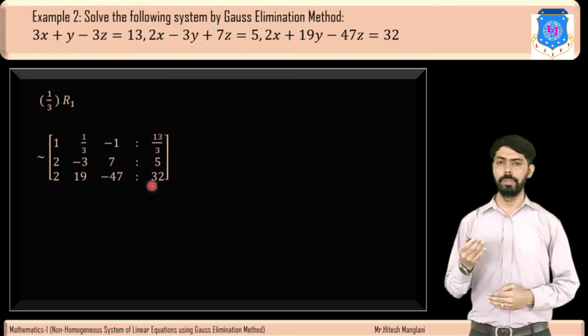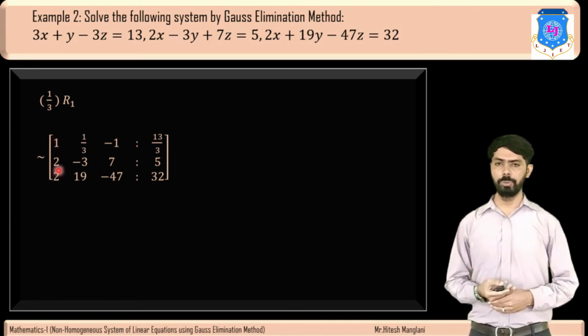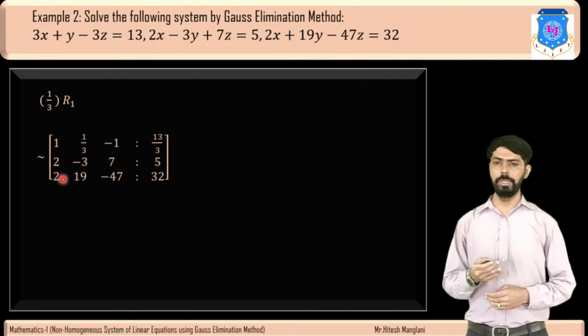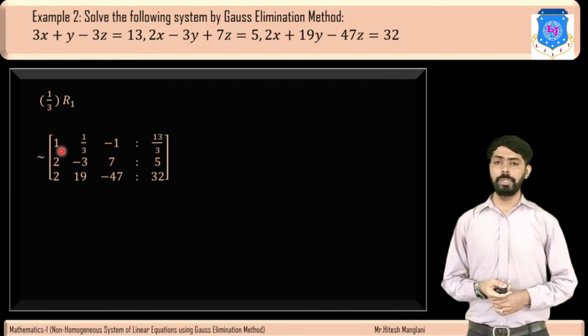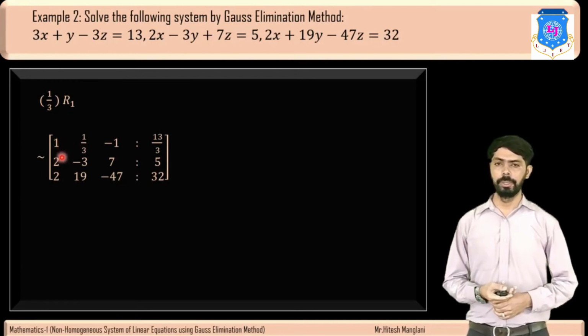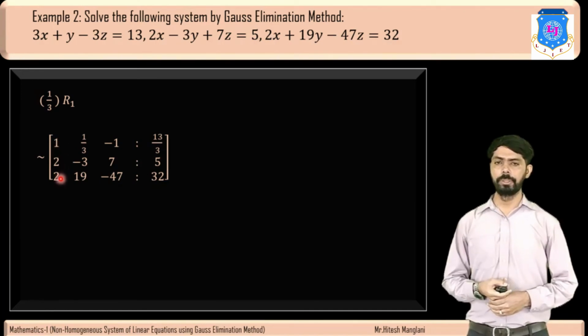Now if you look at the first row, the leading entry is 1. But all entries below the leading one should be 0. Therefore, we will have to convert this 2 into 0, and the 2 in the third row into 0. So for that, we will multiply the first row by 2 and subtract it from the second row, and we will multiply the first row by 2 and subtract it from the third row.